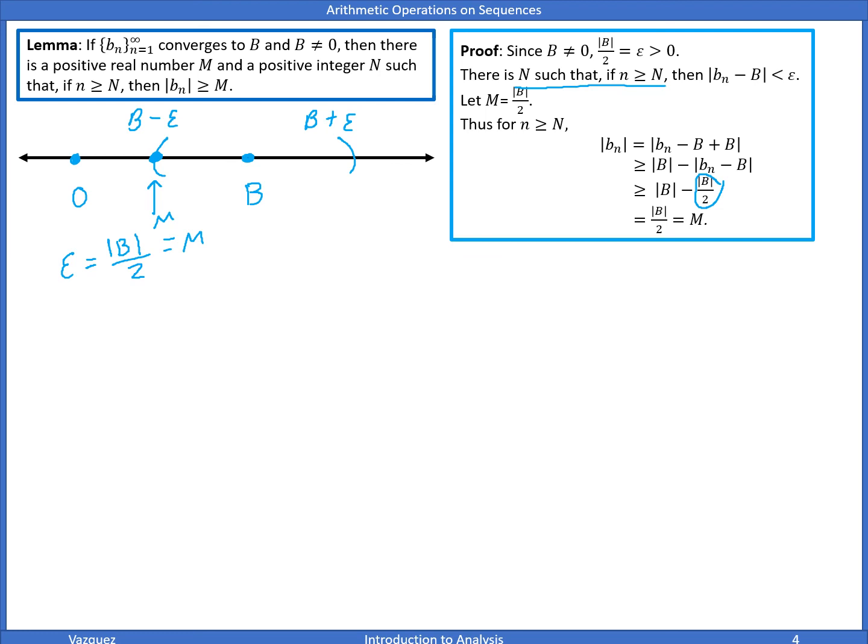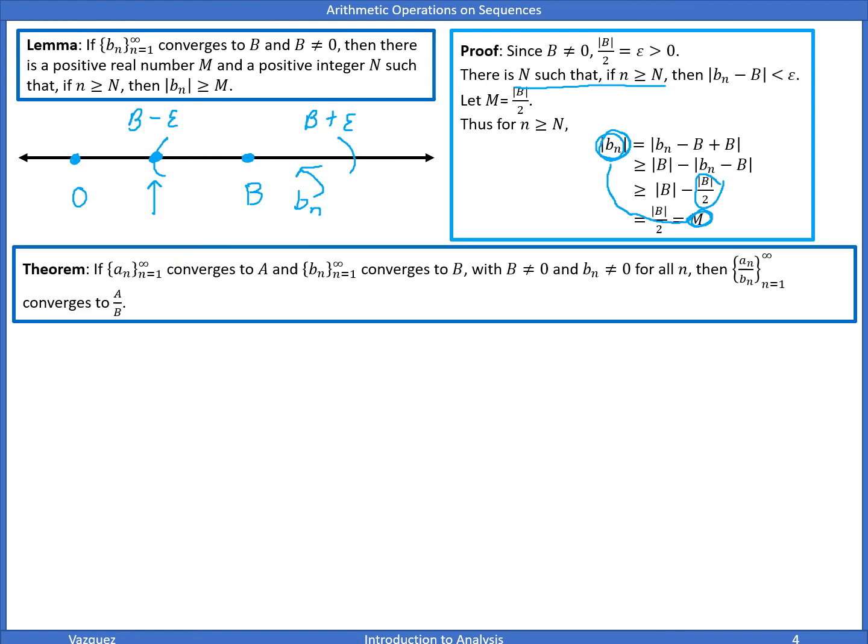So all but a finite number of terms of bn are in this neighborhood, which is greater than or equal to m. Right? So that's what this is saying. bn over here is greater than or equal to m over here. That's how we keep bn away from 0. And now this helps us with our proof.